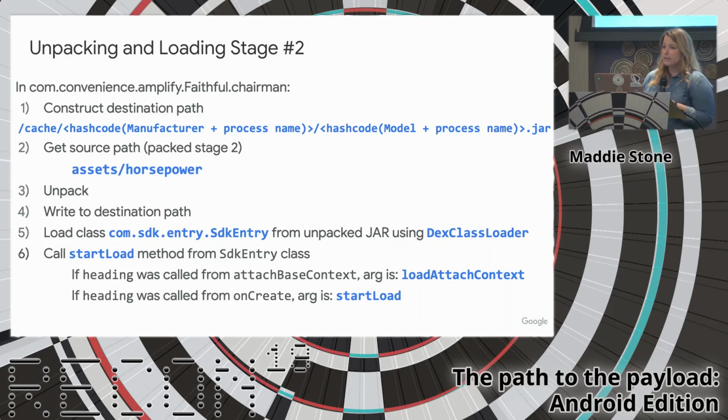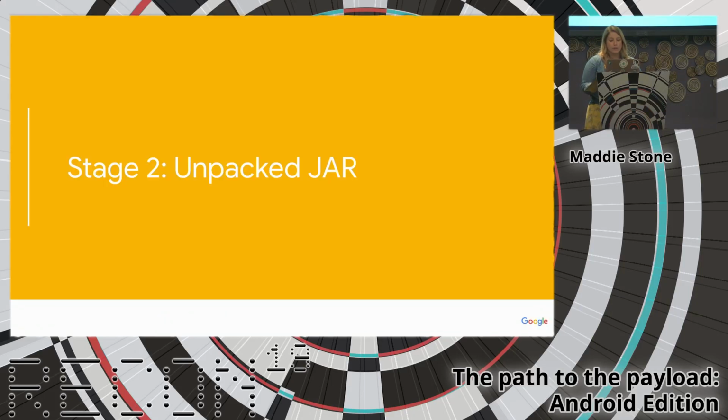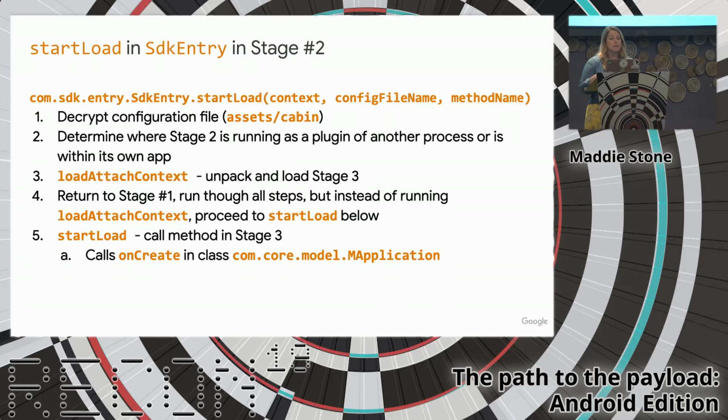So the first time it is called with the load attach context argument, and the second time it's with startLoad. We now are calling into startLoad with the load attach context argument, because that is what we passed in. That is the point of that method that is called twice in the application subclass.